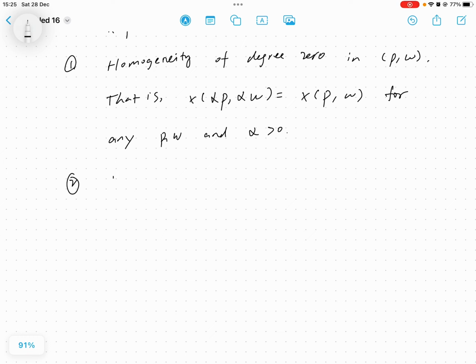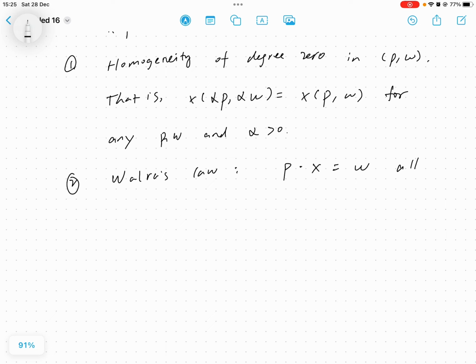The second one is called Walras' law. It says that if we take the inner product of p and x, it has to equal w. So this inequality is binding.